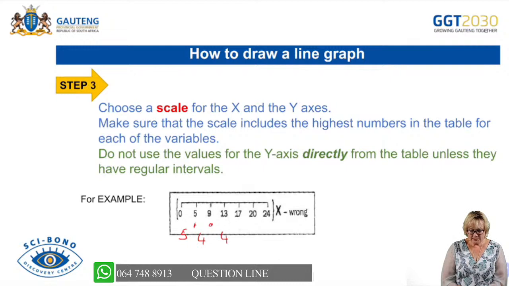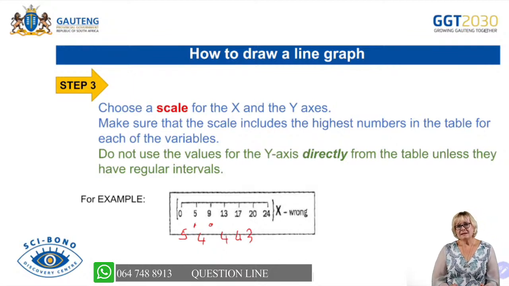From 13 to 17 is 4. And then 17 to 20 is, can you see, there's no same intervals. And therefore, this is wrong. And you're going to lose your mark. All right? Something very easy to get marks with, but also, if you're not careful, it's a place where you can easily lose those easy marks.